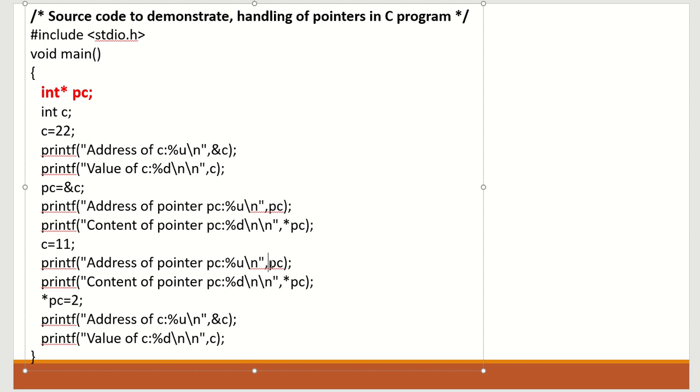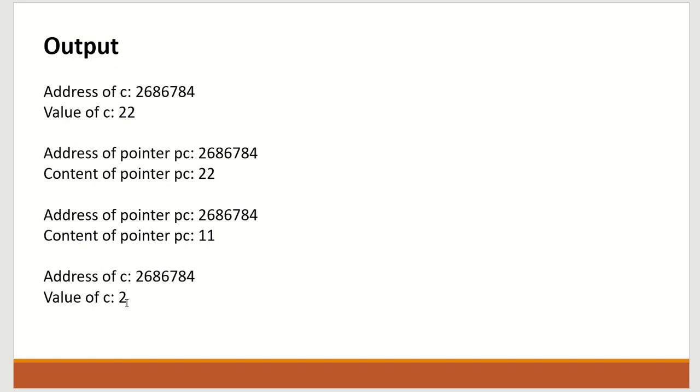So now if I print pc, it will again print only the address, but *pc will print 11, not 22. Then *pc equal to 2: indirectly, we are modifying the value of c from 11 to 2. So if I write the address of c, it will give you only the address. But if I write c, it will not give you 22. It will not give you 11. It will give you what? 2.